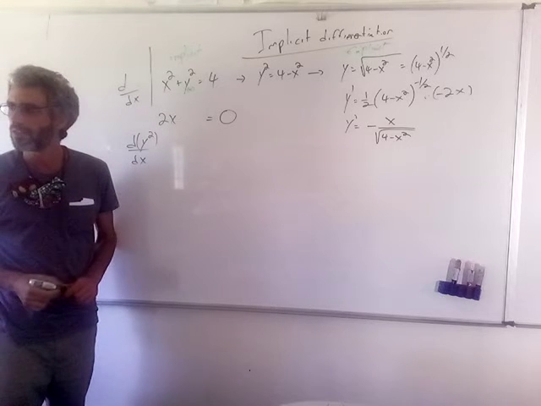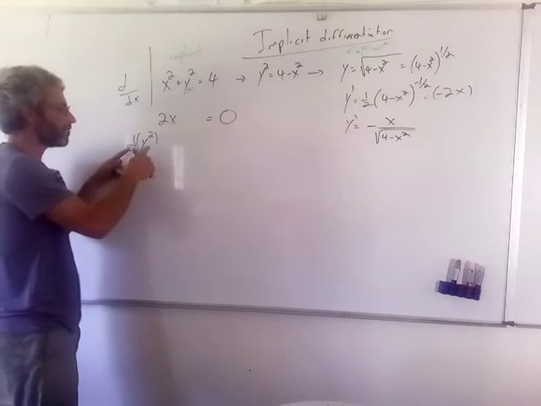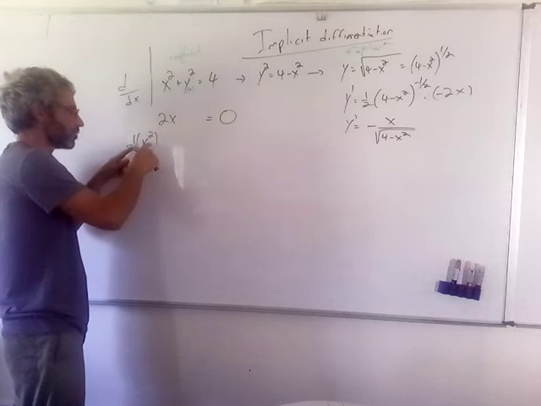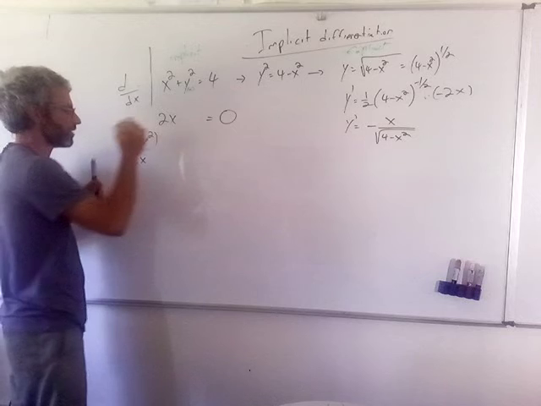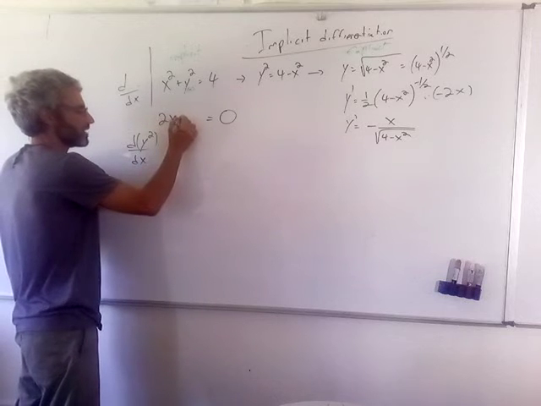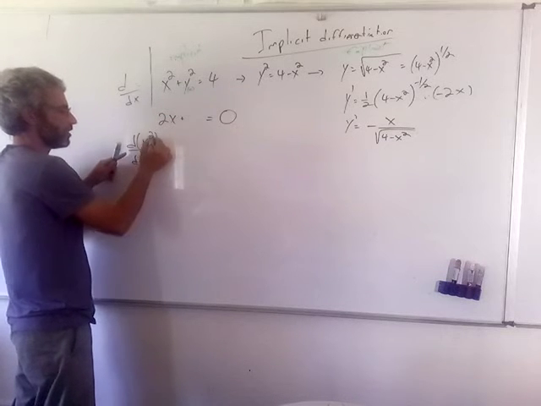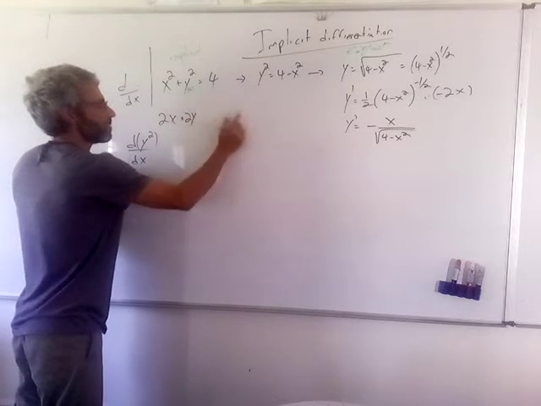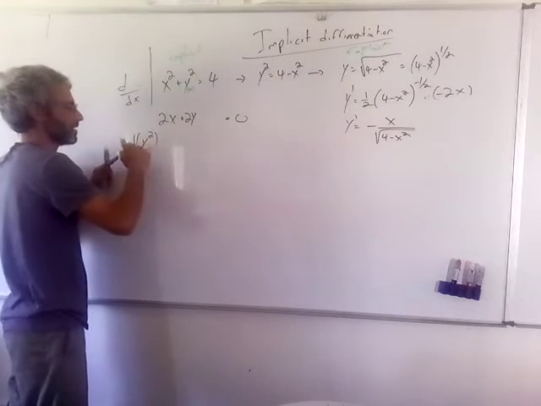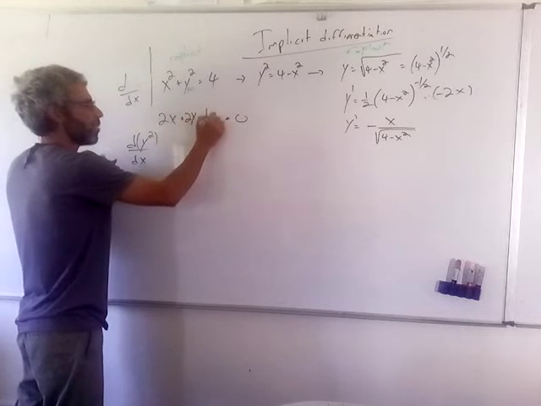But now I'm not looking for the derivative of y with respect to x. I'm looking for the derivative of y squared. So I'm just going to show you that, and hopefully that makes sense. It's 2y times dy/dx.